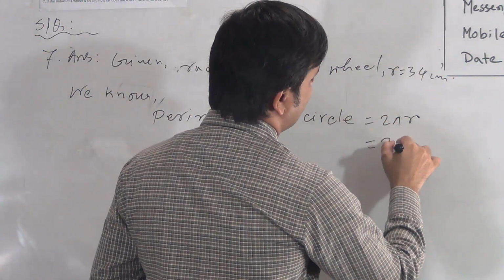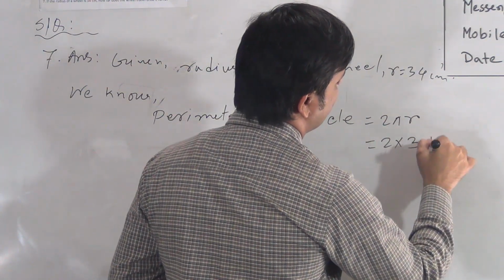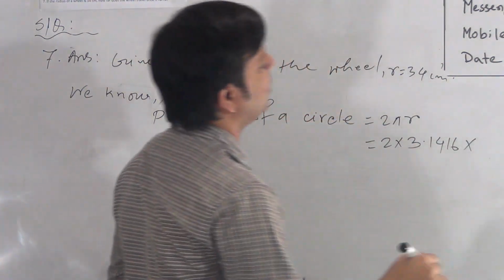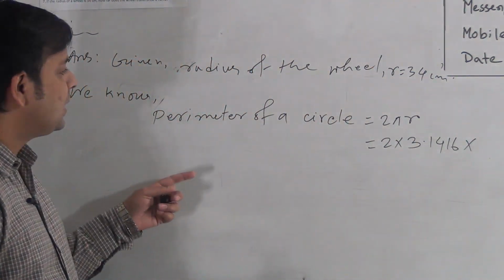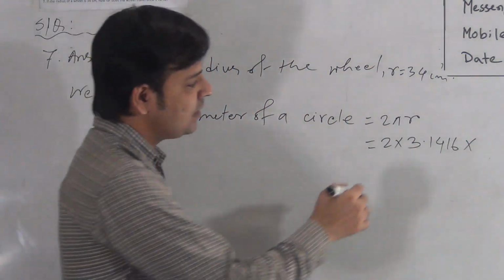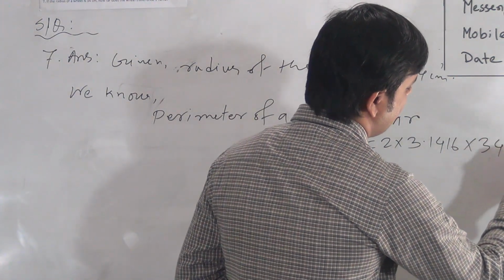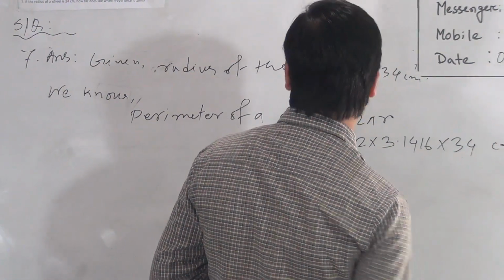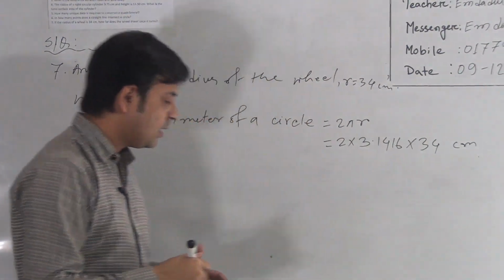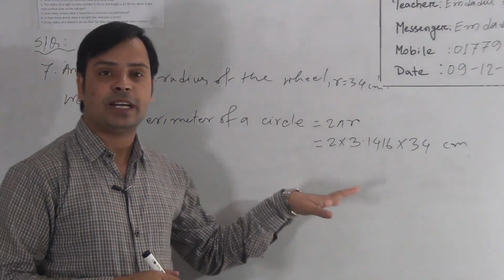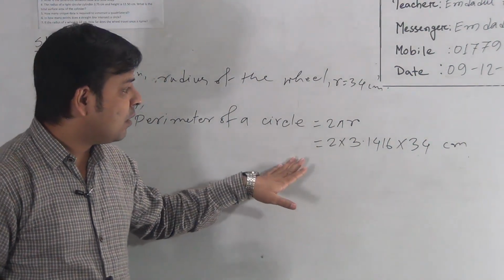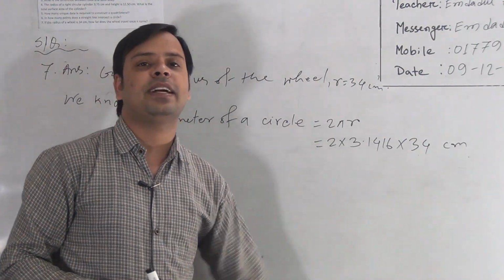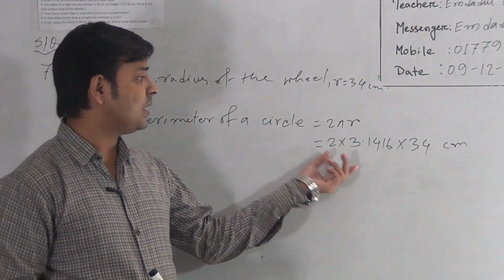This will be 2 multiplied by the value of pi, 3.1416, or you can write only 3.14 if you want to take 2 digits after the decimal. Then the value of r is 34 centimeter. So this will be centimeter. The unit of perimeter is only the unit, not square unit, remember that. Now just multiply, you will get the required answer. Dear students, do the multiplication yourself.